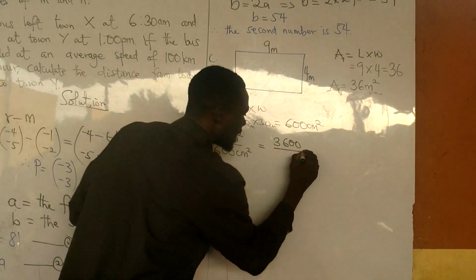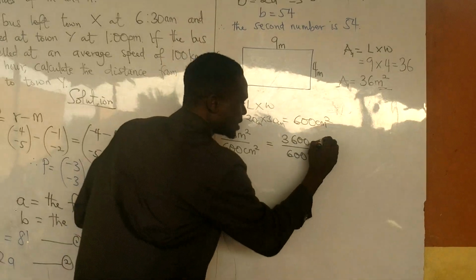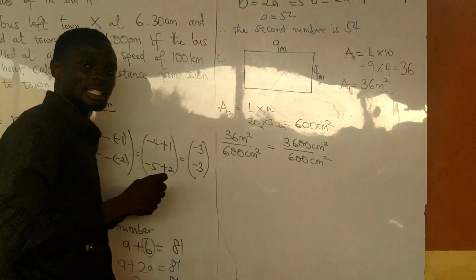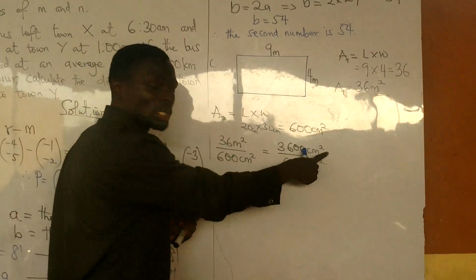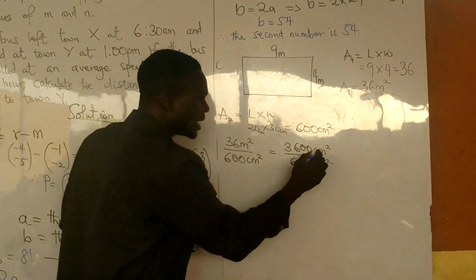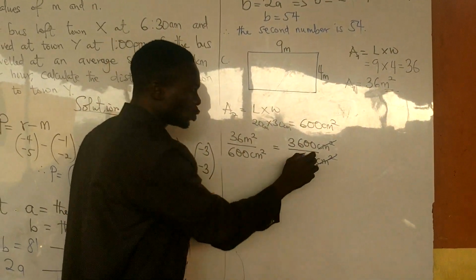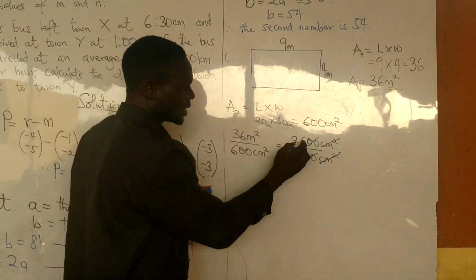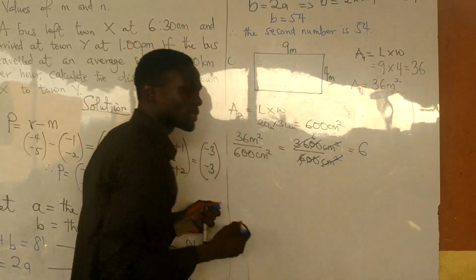3,600 divided by 600. So all now in centimeters squared, you can divide, because we've changed this one into centimeters. So centimeter squared will cancel centimeter squared. 2 zeros cancel out 2 zeros. 6 into 36 is 6 times, and you are going to get 6.